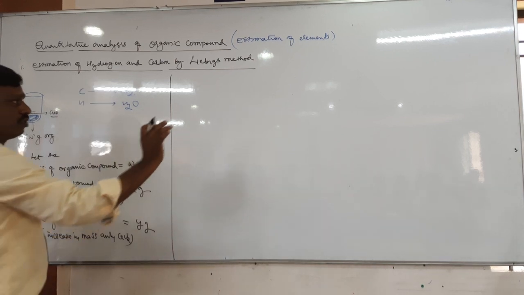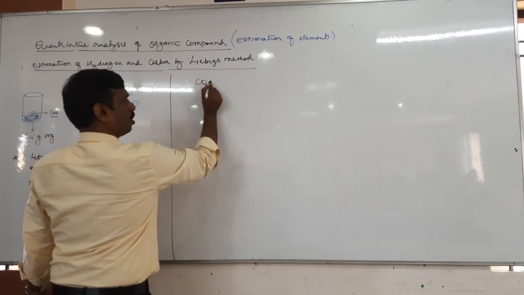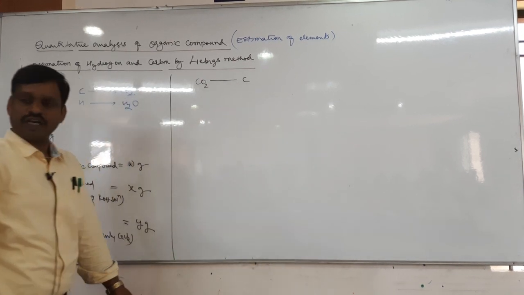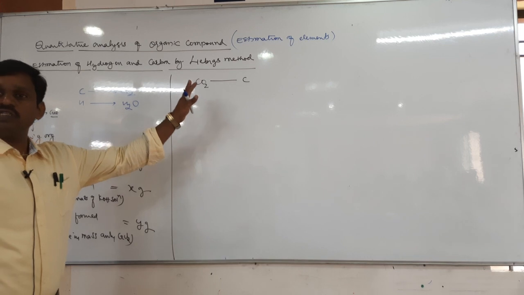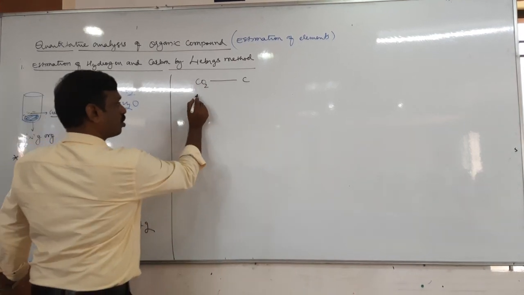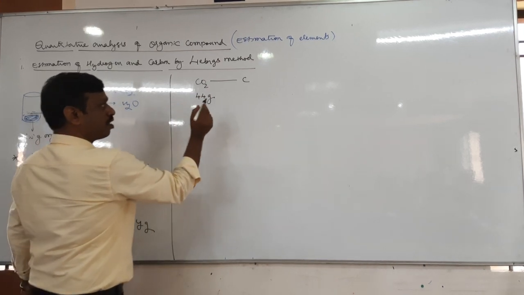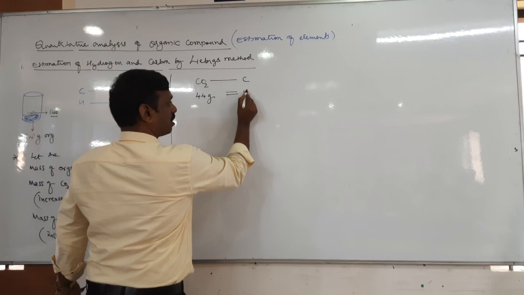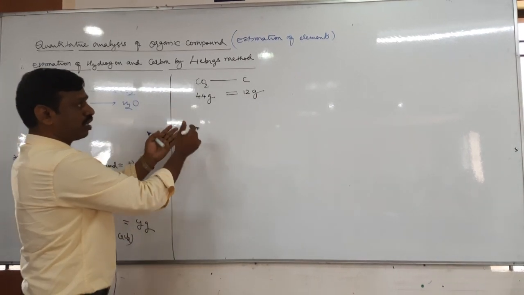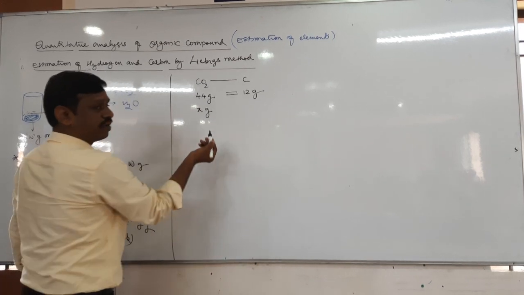Now say, for example, let us take CO2. One molecule of CO2 has 1 atom of carbon. Its molecular mass is 44 gram. 44 gram of CO2 contains how many grams of carbon? 12 gram. 44 gram CO2 contains 12 gram carbon. Let us take x gram of CO2 liberated.